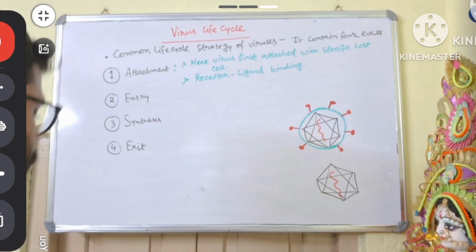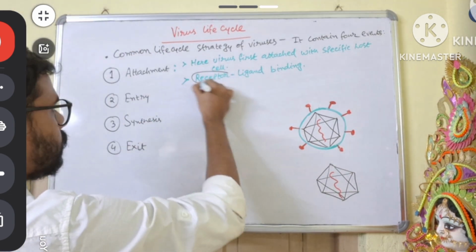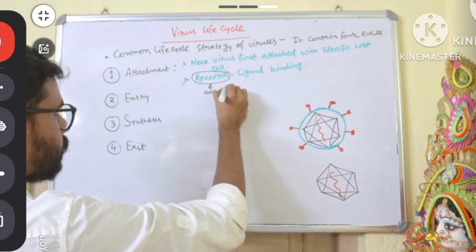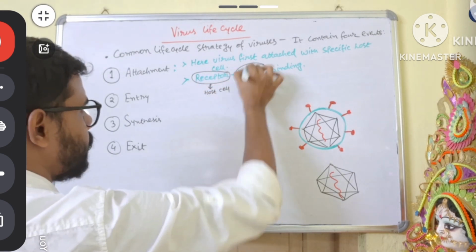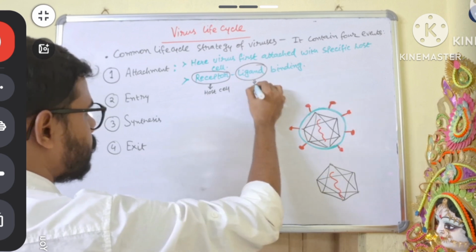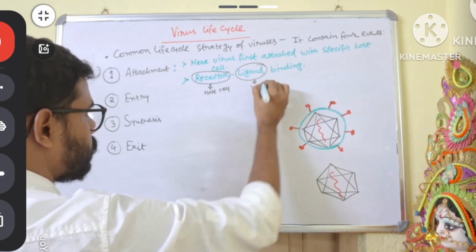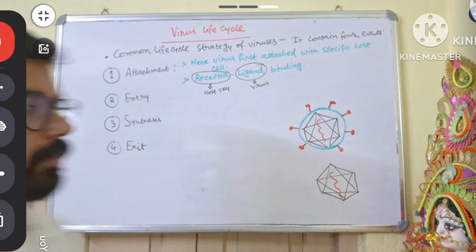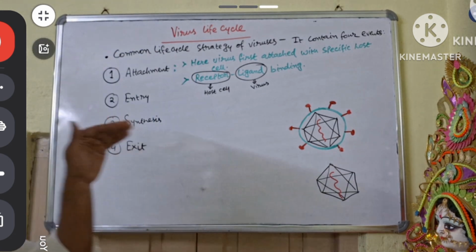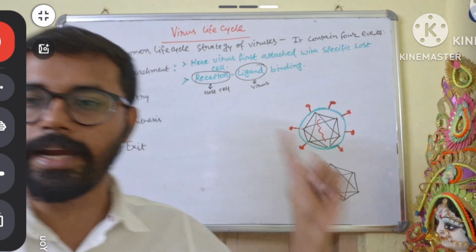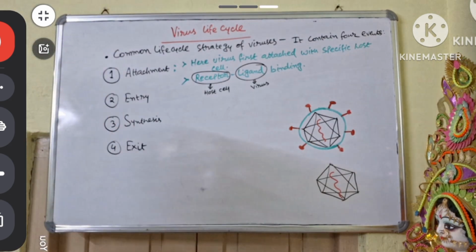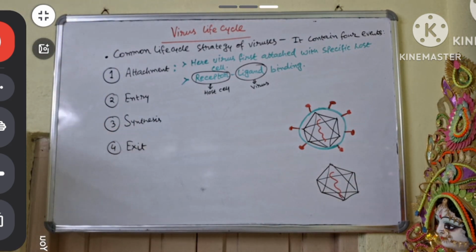So the receptor is present in the host cell and the ligand is present in the virus. This attachment gives permission for stage 2, the entry process. If this attachment fails, the entry will not happen. Clear?